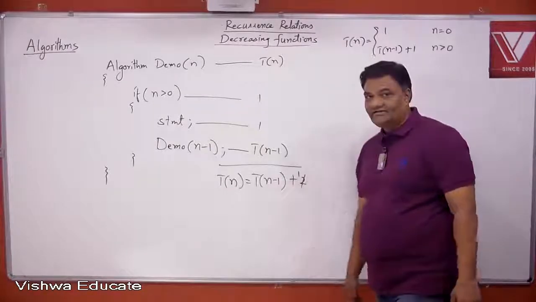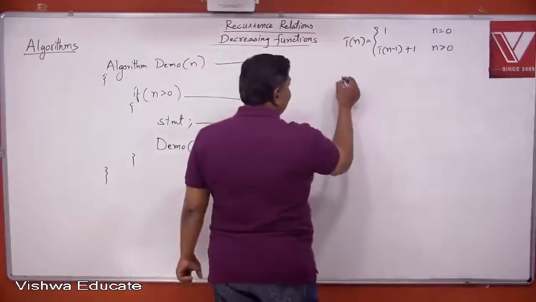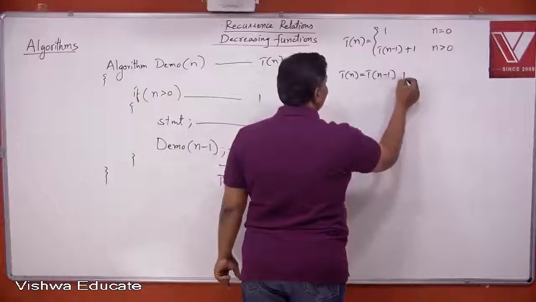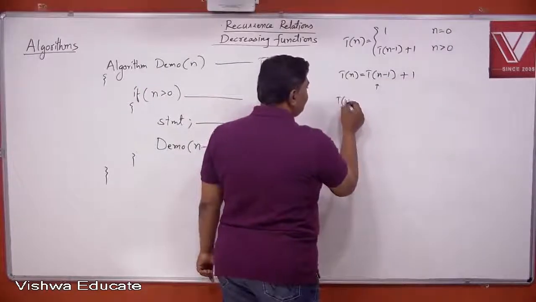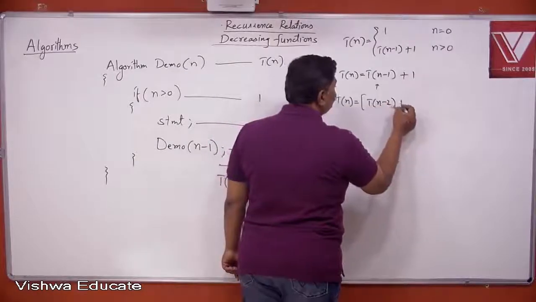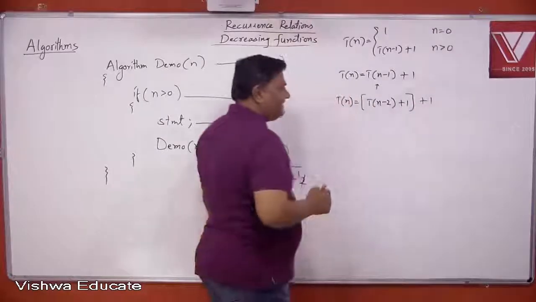Now, let me solve this quickly. Tn is equal to Tn minus 1 plus 1. Then Tn minus 1 is Tn minus 2 plus 1, and this is plus 1. You know how we got this, right?